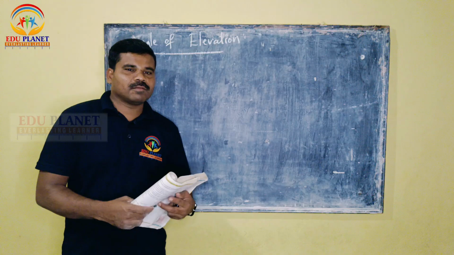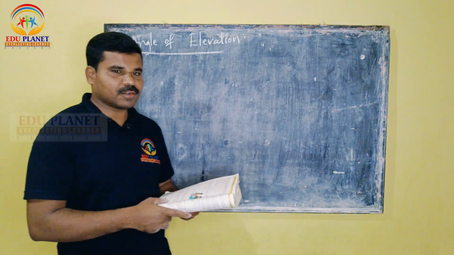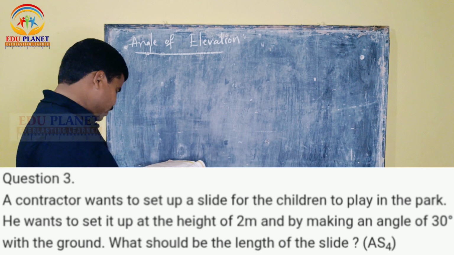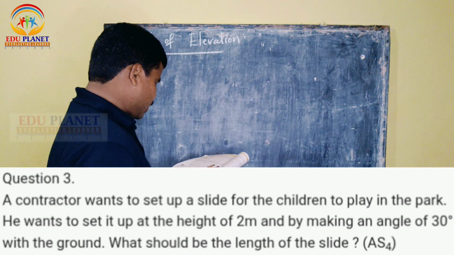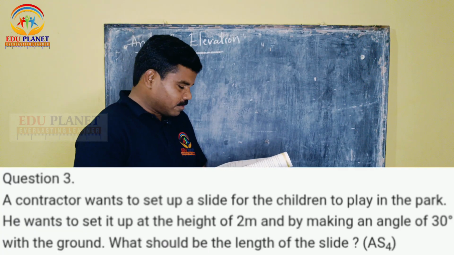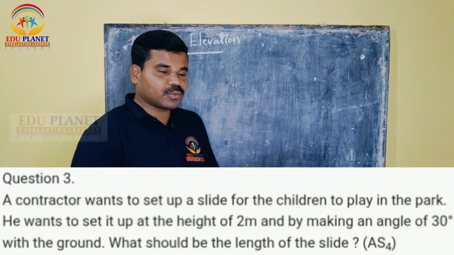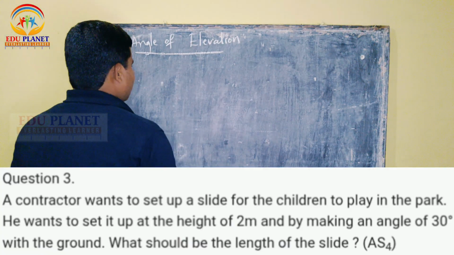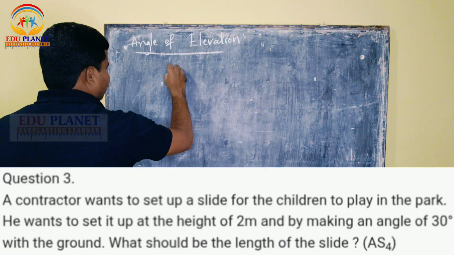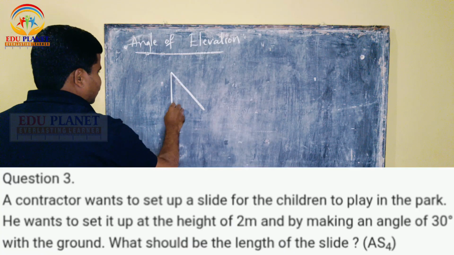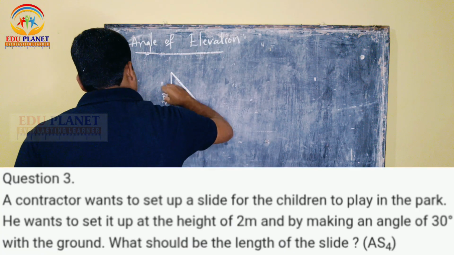Now we will try to solve one question from exercise 12.1. The question is question number 3. A contractor wants to set up a slide for the children to play in the park. He wants to set it up at a height of 2 meters and making an angle of 30 degrees with the ground. Given that there is a slide and the height of the slide is 2 meters from the ground.